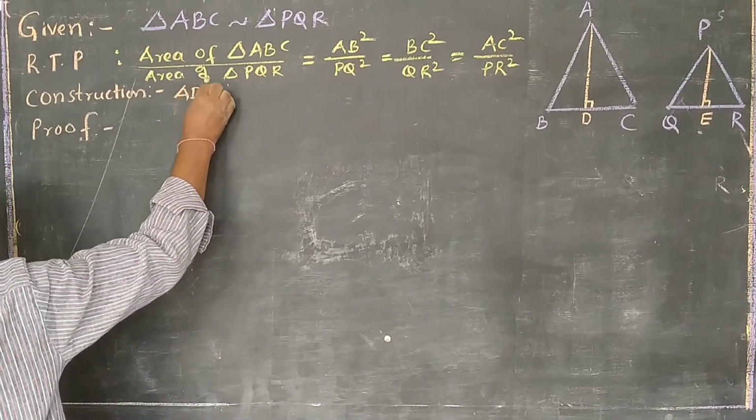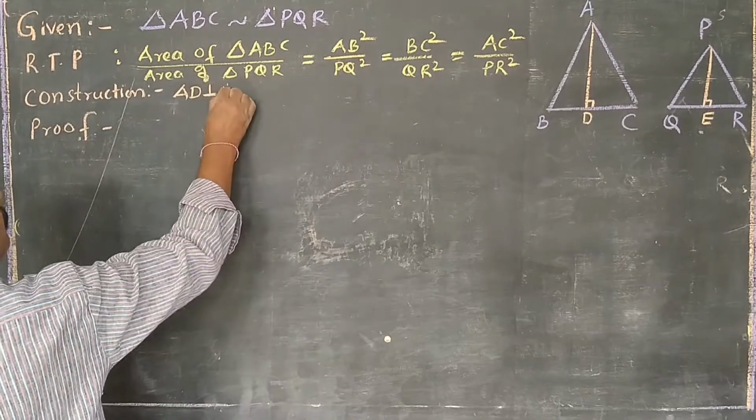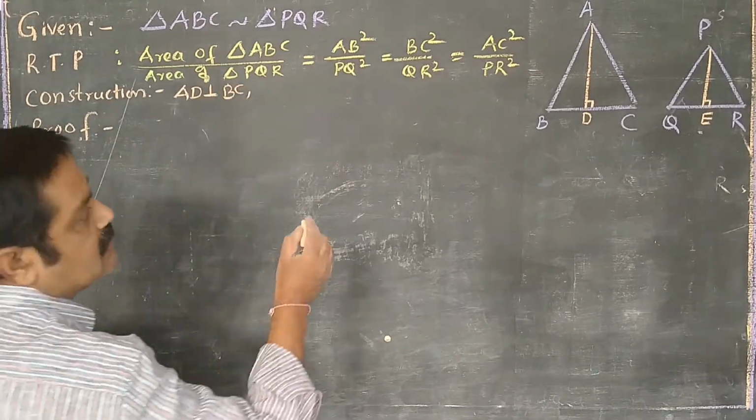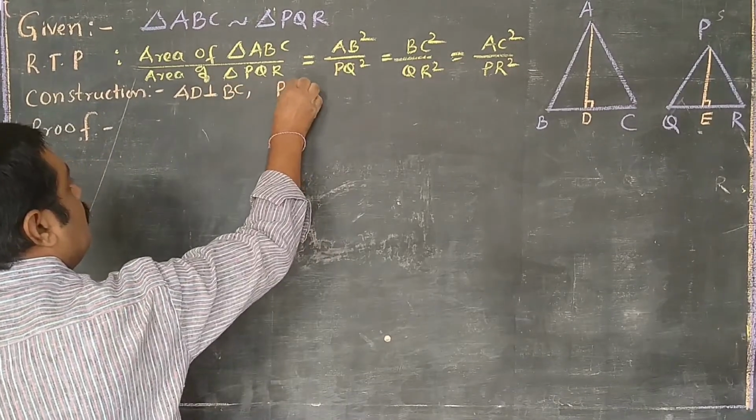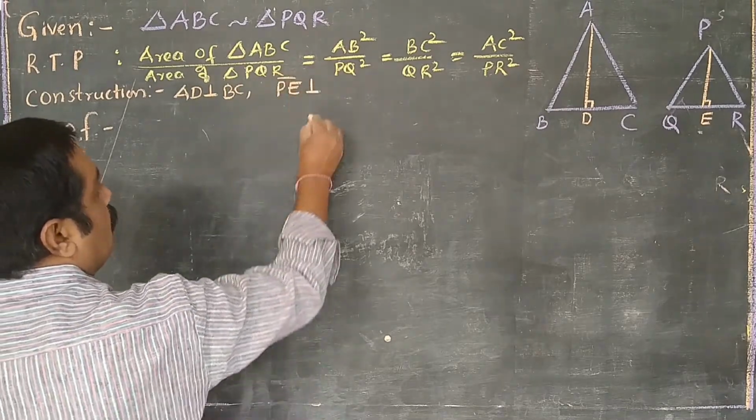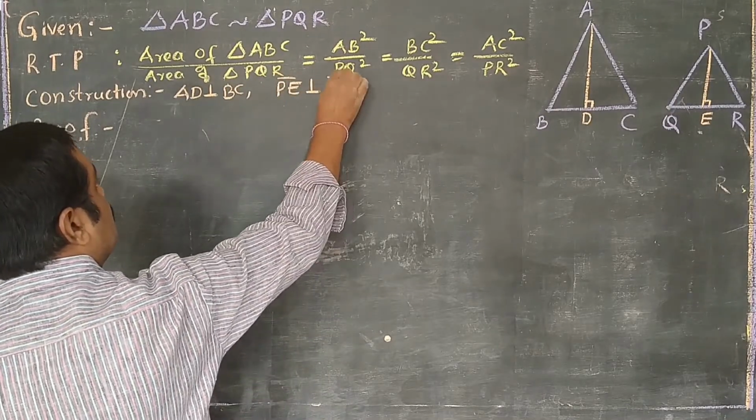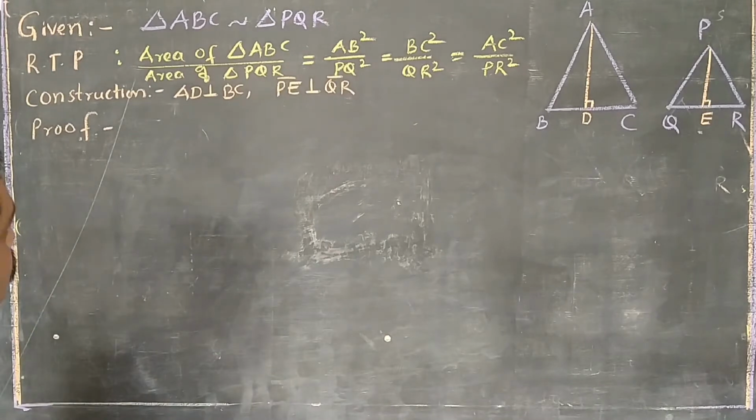AD is perpendicular on BC, and one more construction, PE is perpendicular on QR. These two constructions I did.